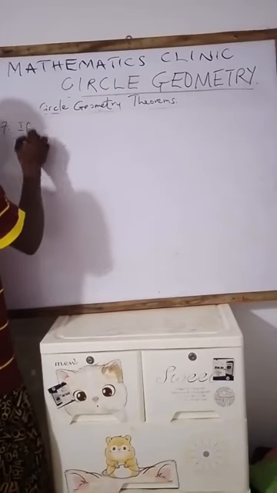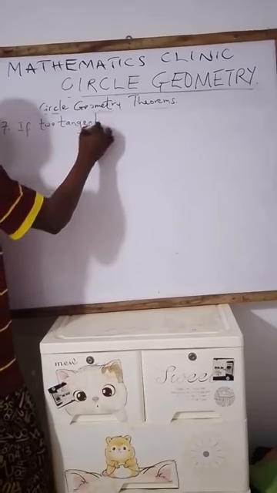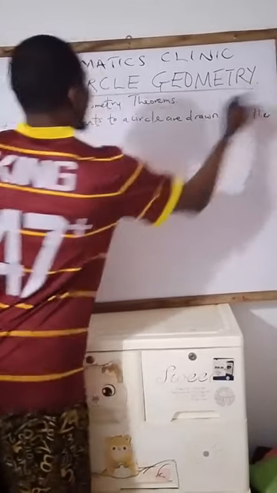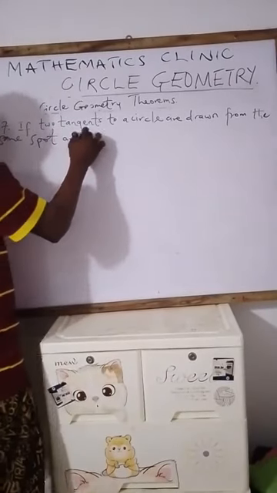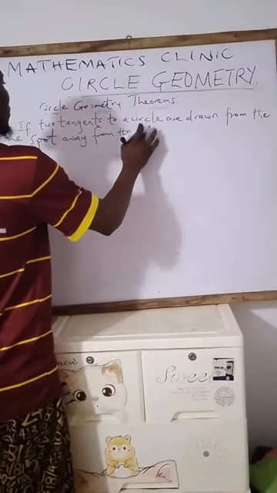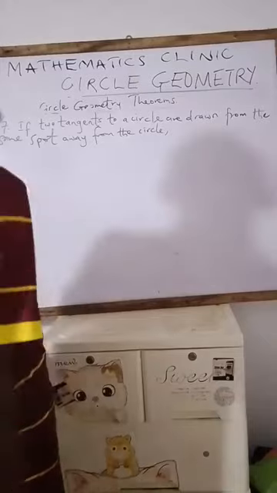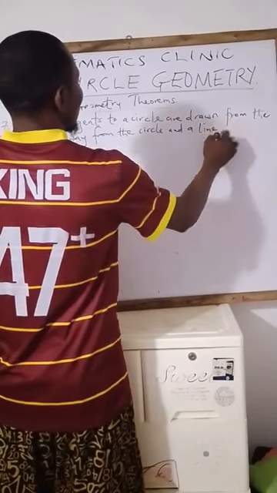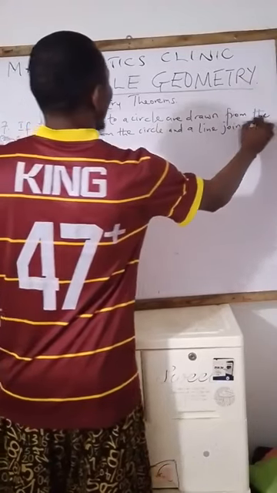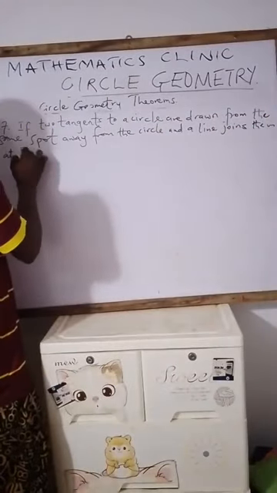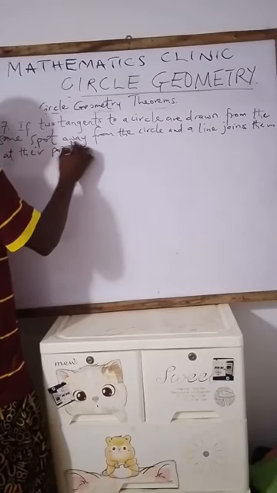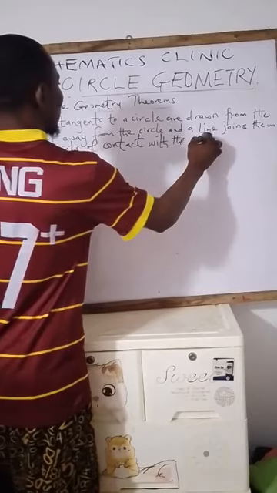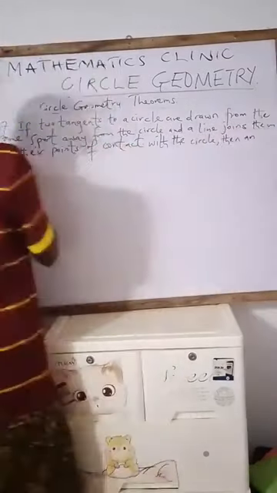It states that if two tangents to a circle are drawn from the same spot away from the circle, and a line joins them at their points of contact with the circle, then an isosceles triangle is formed.